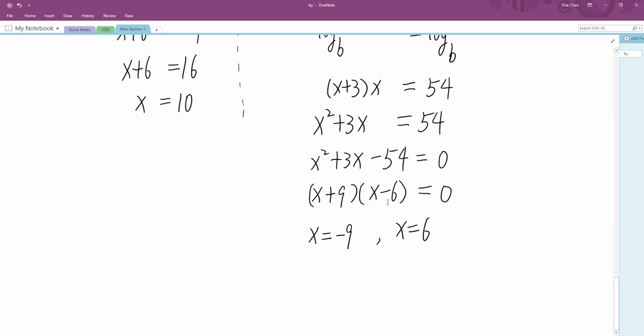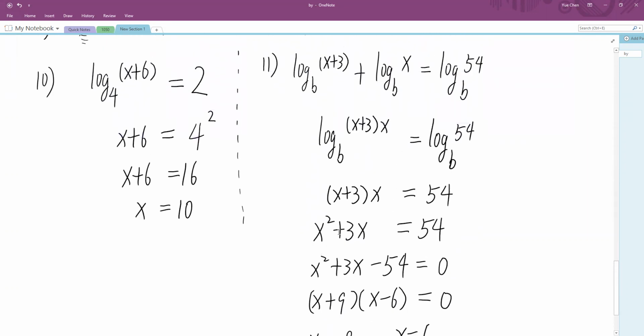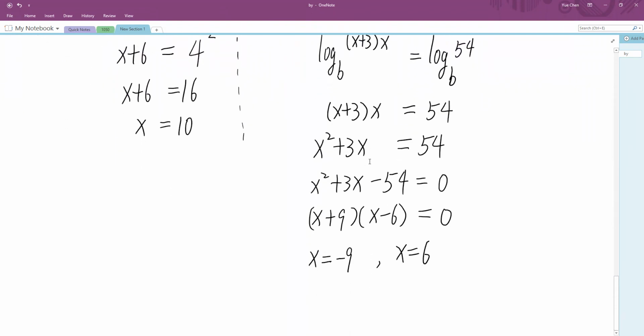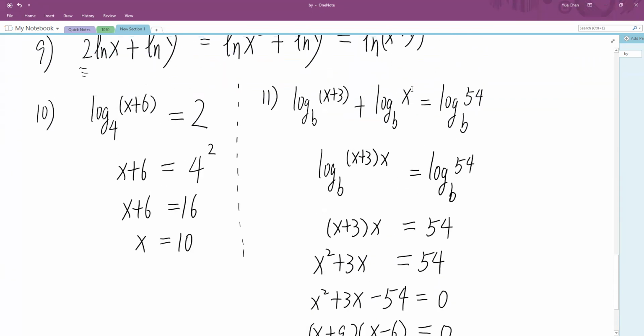So we have two roots, but for a logarithmic equation, as I said in class, you need to plug the solutions back in to see if you can evaluate these numbers. So if you plug in -9, you can see here is a negative number, right? Here, of course, is also negative.